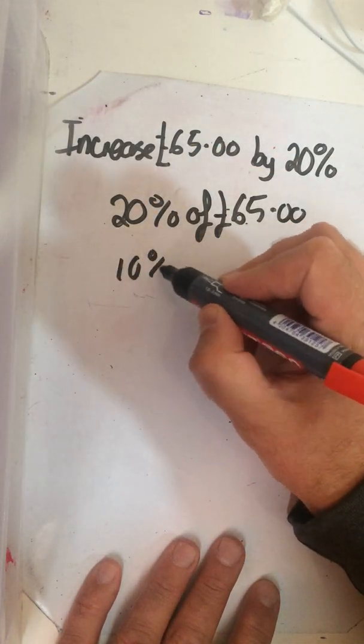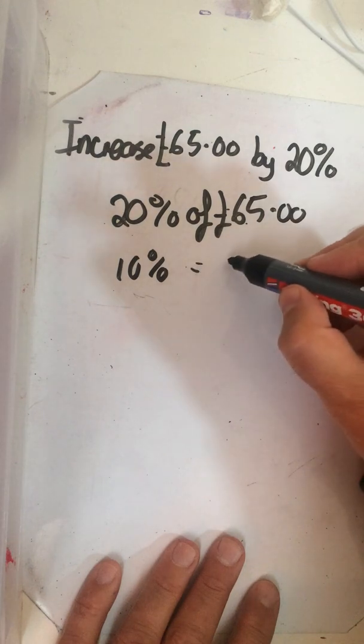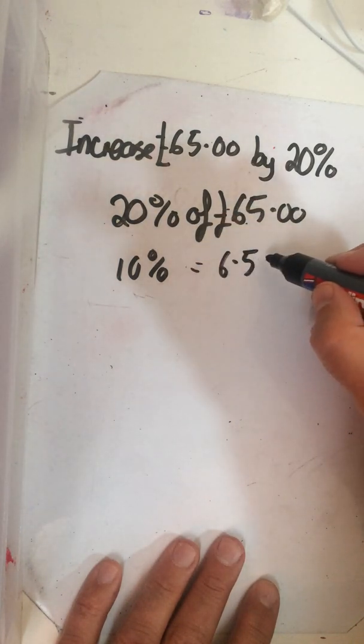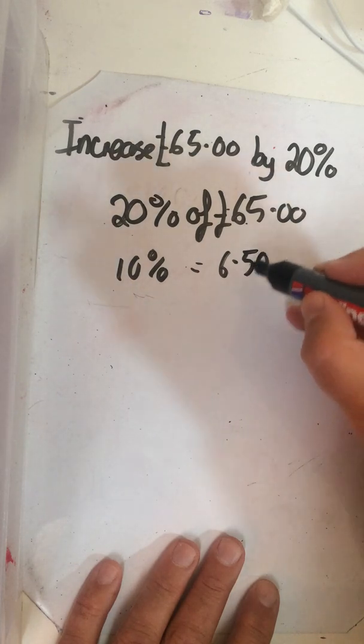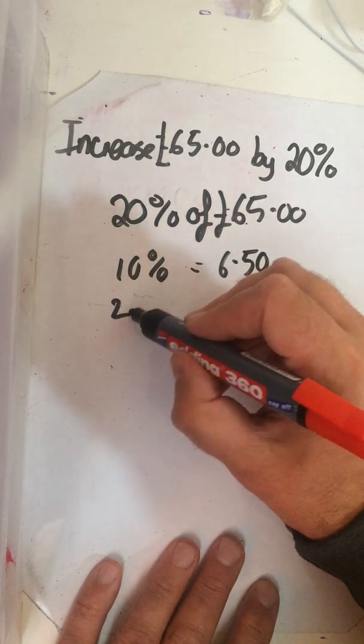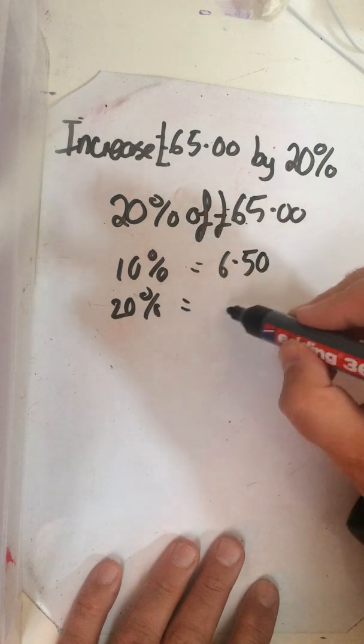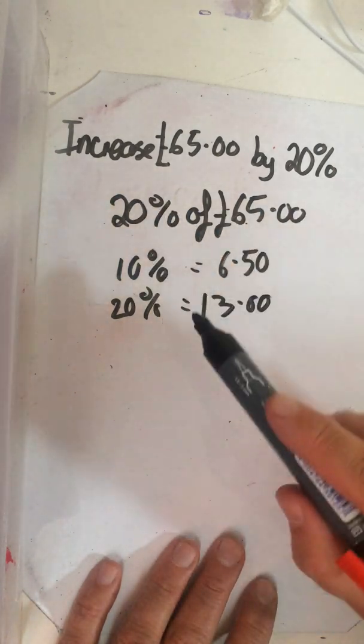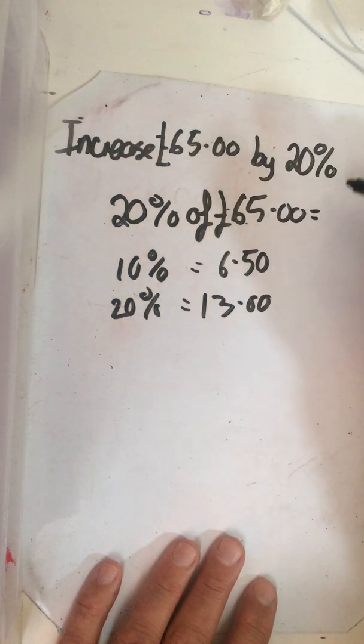I'm just going to find 10%, which would be £6.50, therefore 20% will be £13. So 20% of £65 is £13.